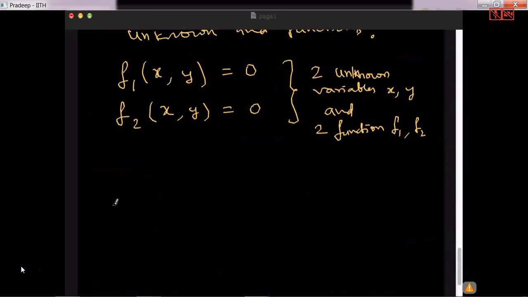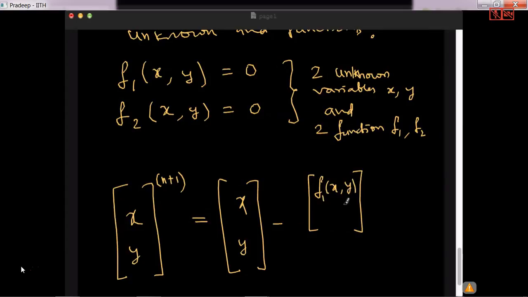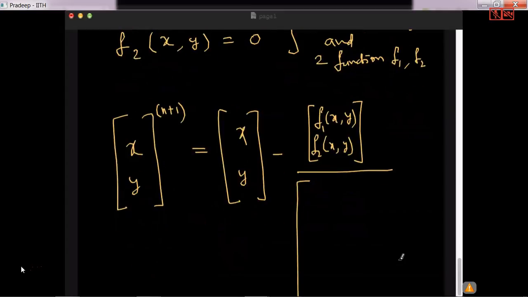Something like this: x comma y at n plus 1 equal to, let me write it in the matrix form, xy at n plus 1 equal to the old value of xy minus, I'll just take a function like this, f1 of xy, f2 of xy, divided by what is known as a Jacobian matrix. The matrix is something like this.